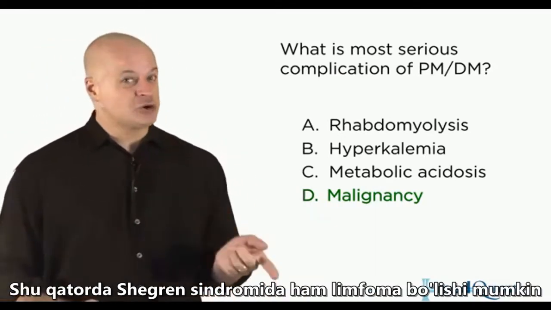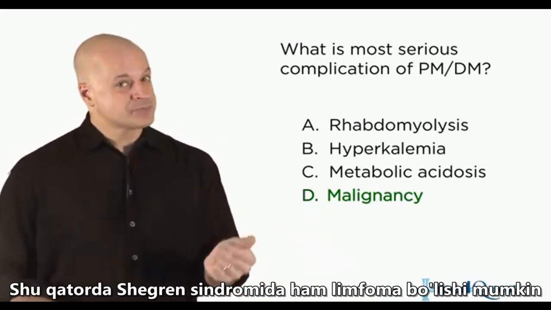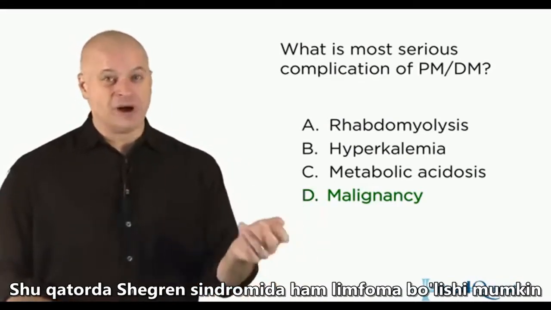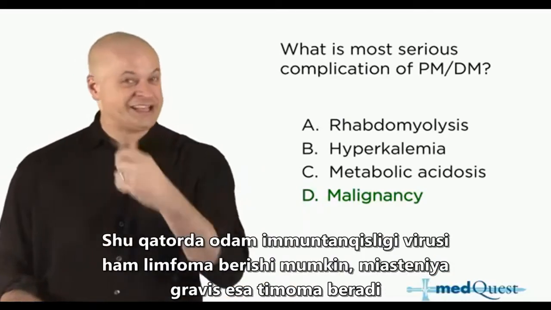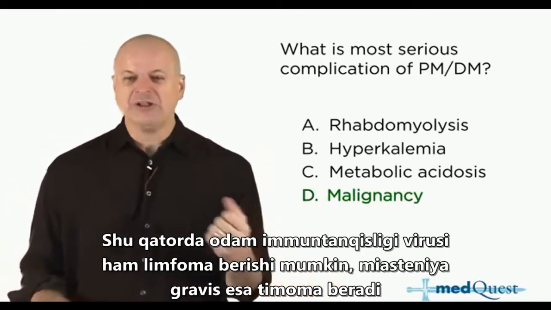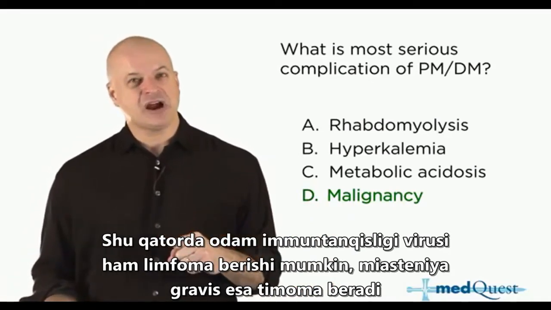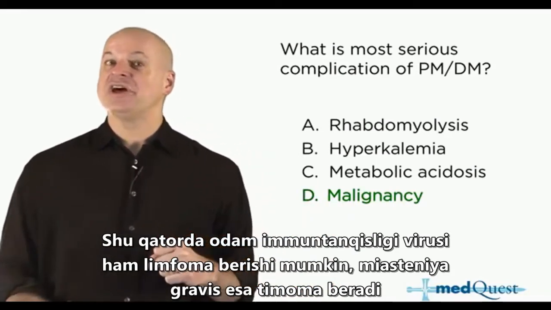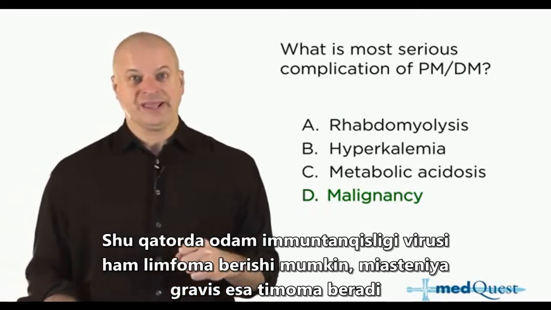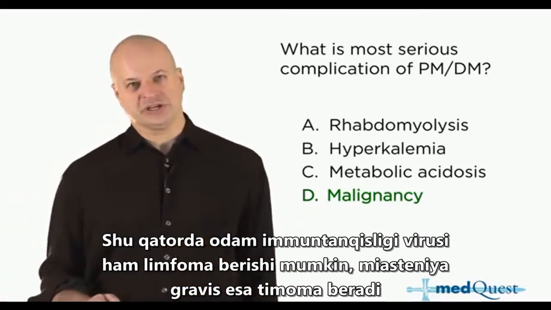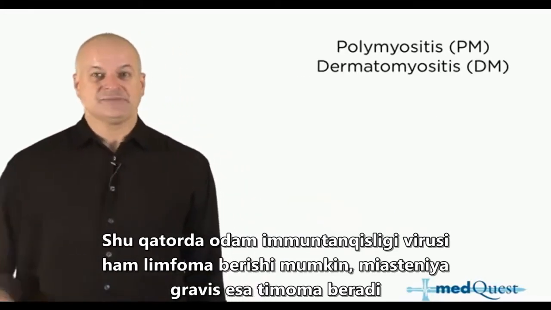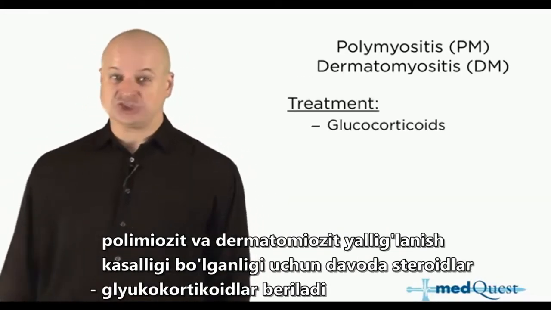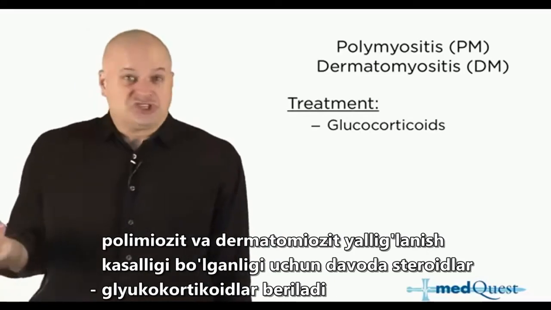The same way, Sjogren's can present with lymphoma, and the same way that HIV can have lymphoma as well. And myasthenia gravis gives thymoma. Here we get cancers of solid organs, breast and colon. Go screen for them.